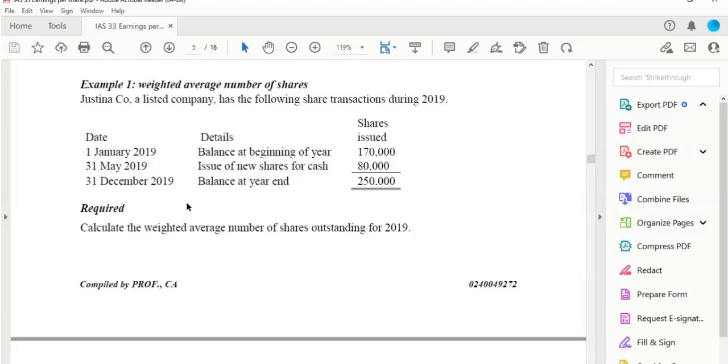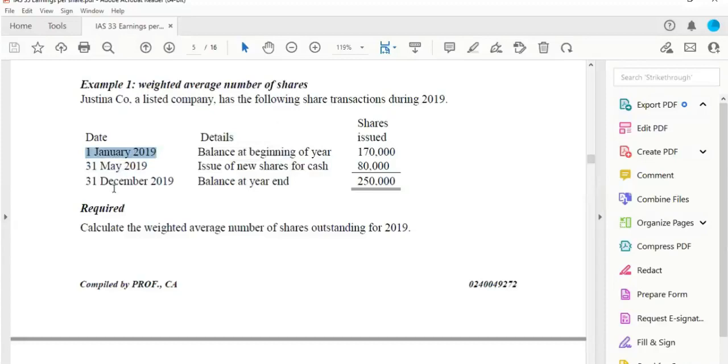I think we are going to use 170 by the first months over 12. So the 170,000 lasted for how many months? January, February, March, April, May.